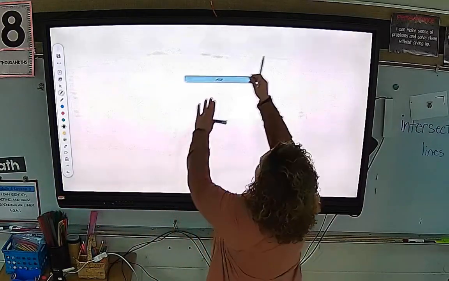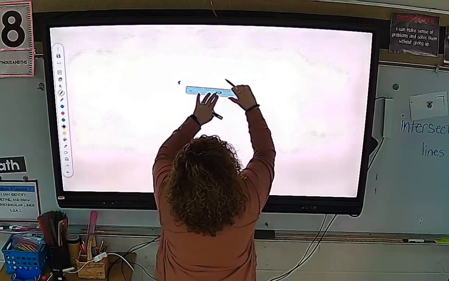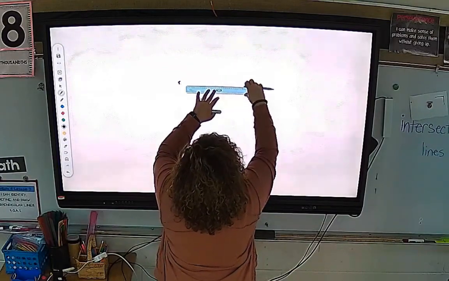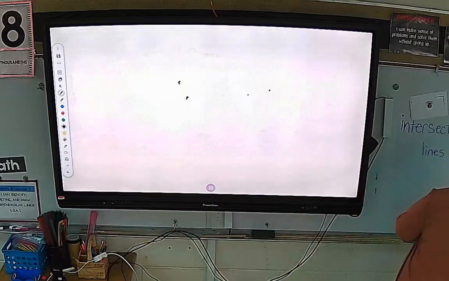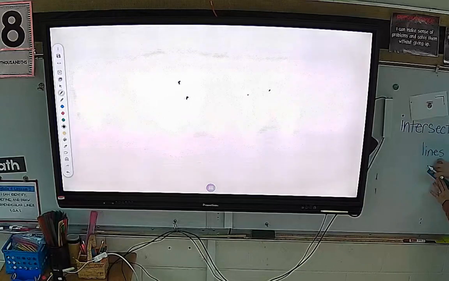Okay? And if I lay it down, I don't think the board is going to let me touch it with the marker and with the pen at the same time. So, if I try to do that here, I will draw on one side of the ruler like that, keep my ruler there, and don't move, don't move.